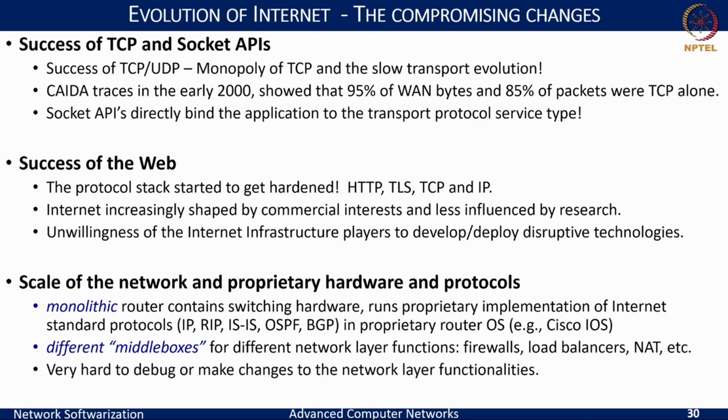To put an example, IPv6 started in the late 90s, and as of today we have nearly passed 2.5 decades. Still, we have not reached even around 60% penetration of IPv6, and that's again due to the kind of ossification we see around the IPv4 address space and the unwillingness of many players to change to IPv6.